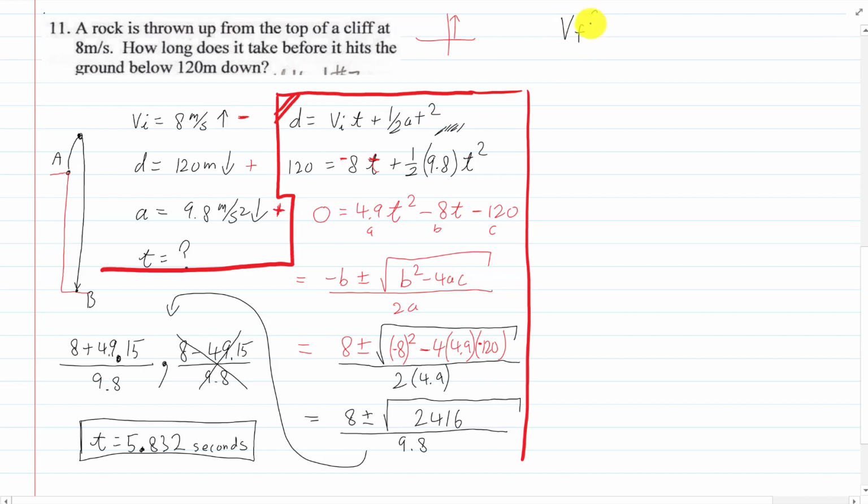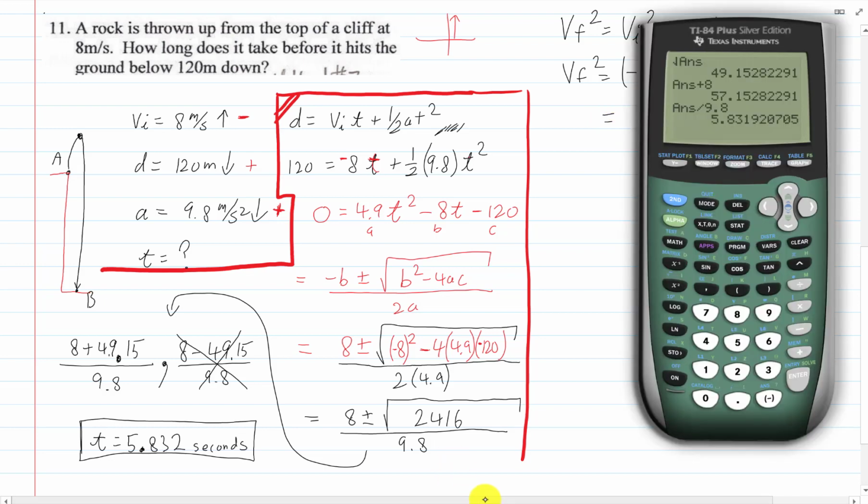So I use VF squared is equal to VI squared plus 2AD, no time in it. So VF squared is equal to VI squared. VI is negative 8 squared plus 2 times 9.8 times, and downwards is positive 120.